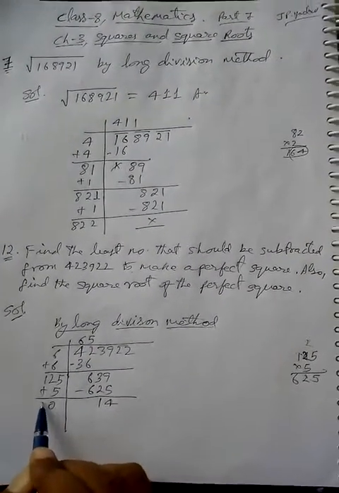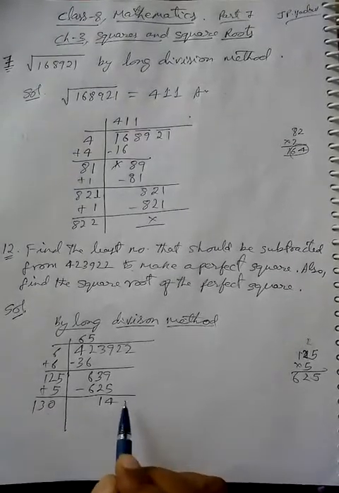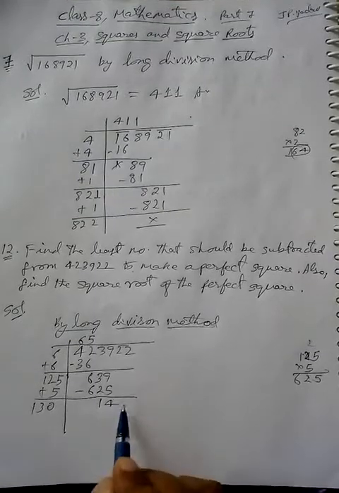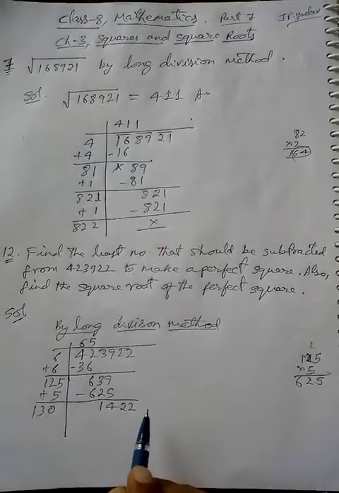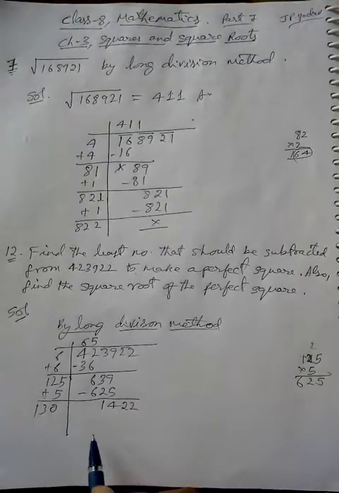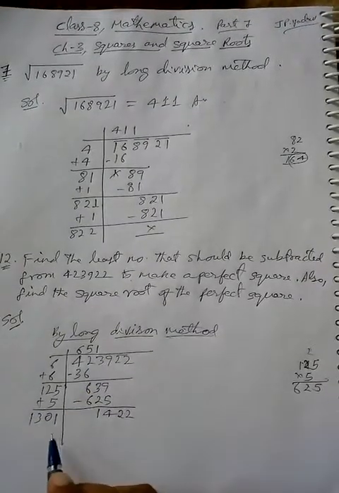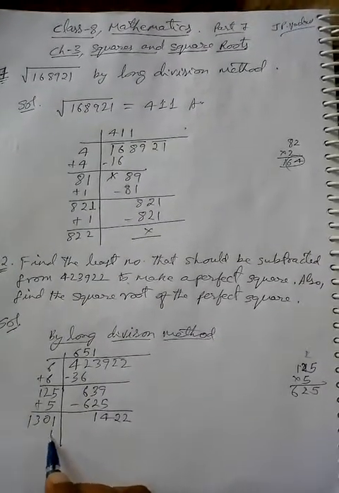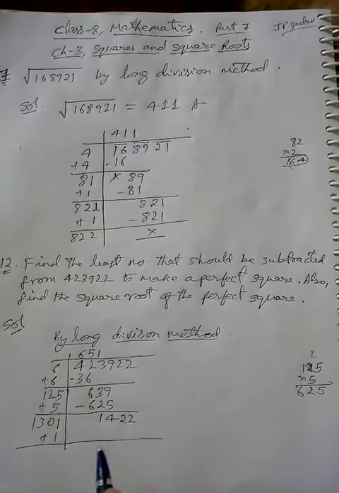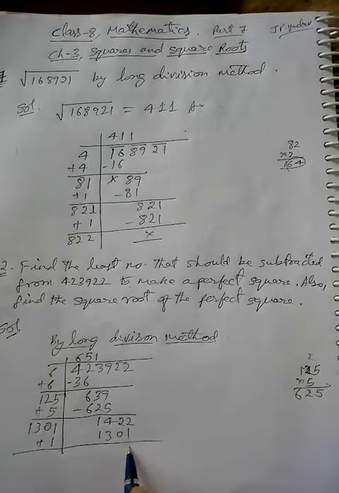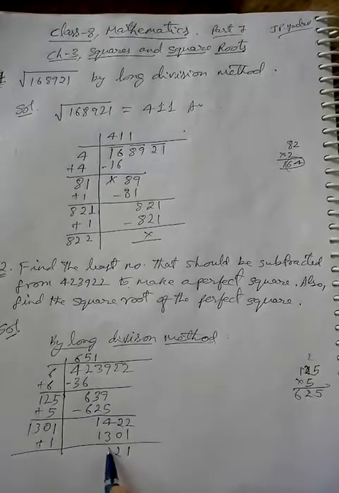It becomes 130. Now 130 we get as divisor. Now take down 22, the last period. It becomes 1422. It will be divisible by 1 time, that is 1301. This is 1301. Subtract it. You get 121.